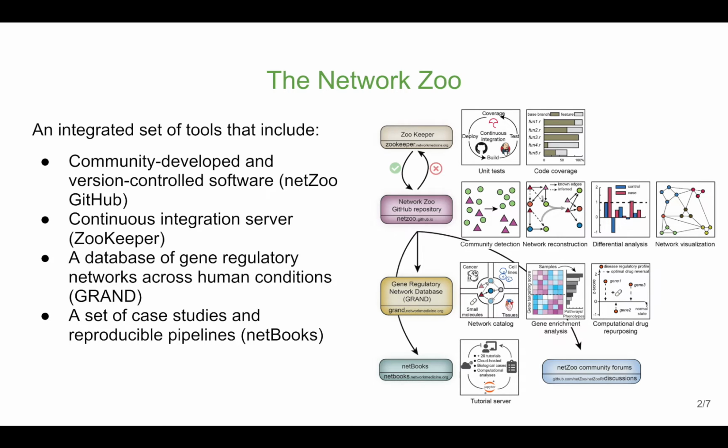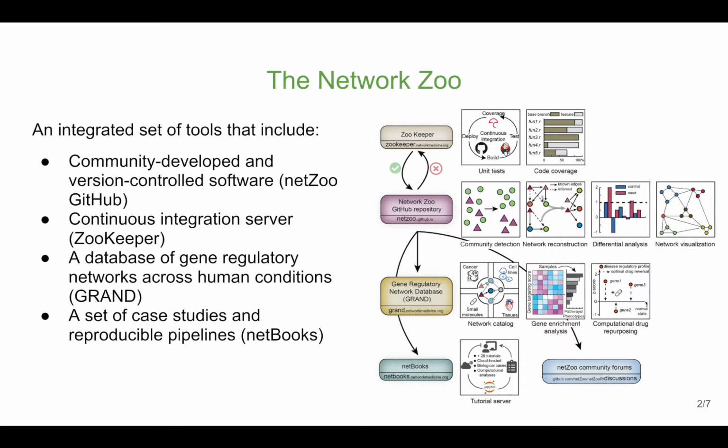Finally, a set of case studies in regulatory genomics is hosted on a Jupyter Hub server, which allows for reproducibility and also allows users who might be interested in learning more about Network Zoo tools to learn and to do their own analysis.